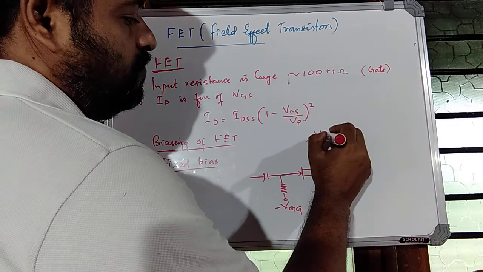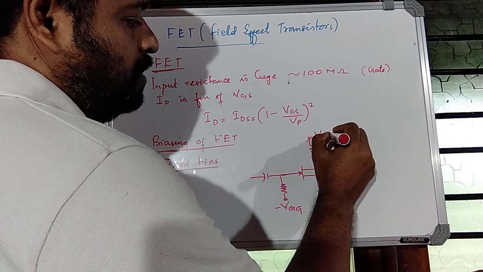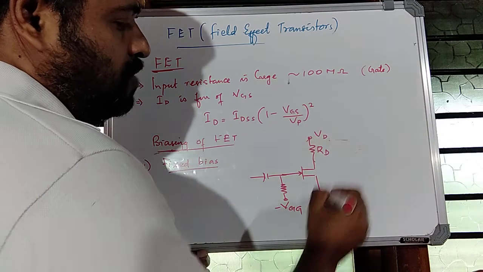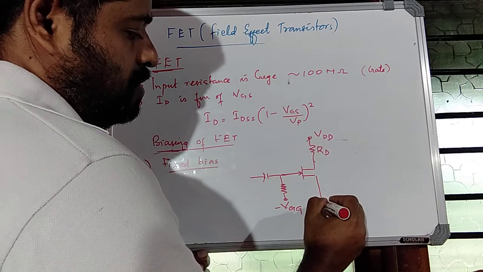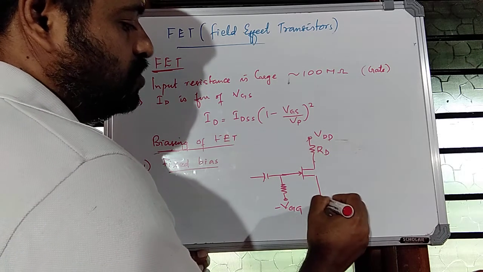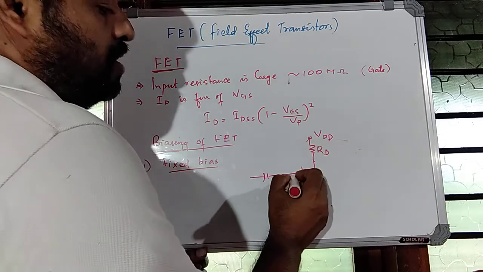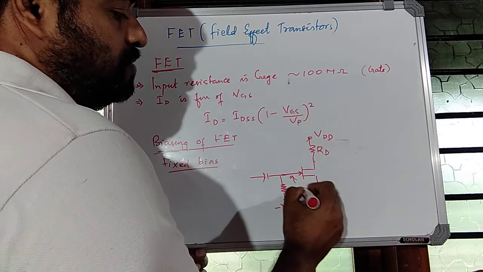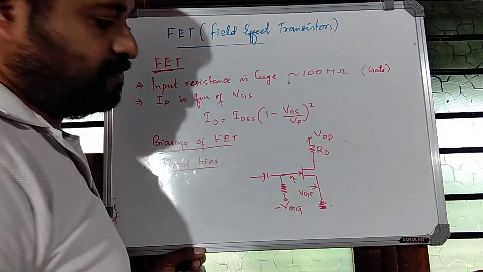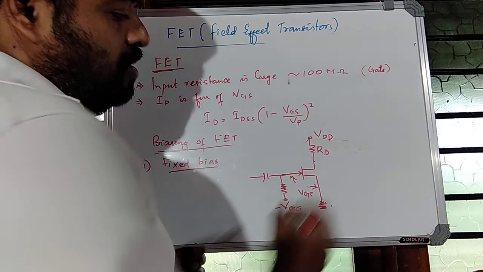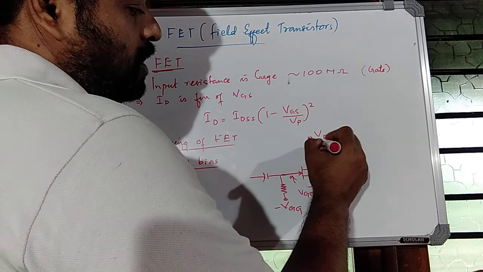This is VDD. This terminal is grounded. Source is grounded, and this voltage is VGS, and the current flowing through RD is ID.